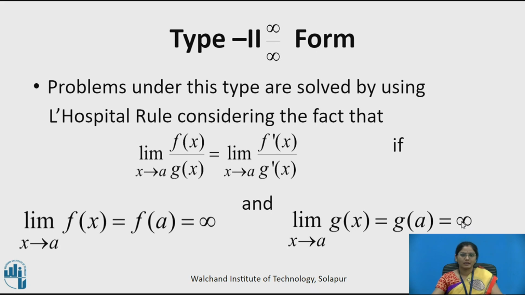Therefore, we can apply the L'Hospital rule. As we know, the L'Hospital rule states that the limit of the function of the type f of x upon g of x is always equal to the limit of their differentials.